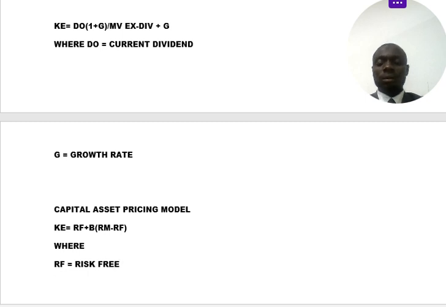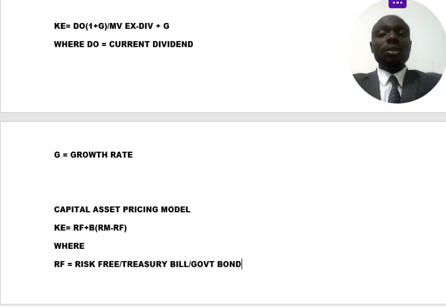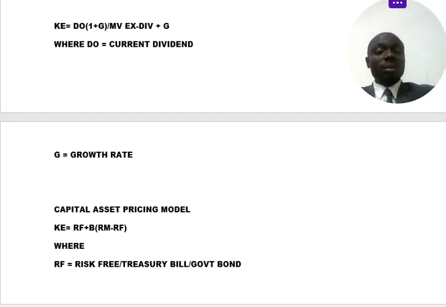Another name for risk-free: you may not be given risk-free in the question. You may be given treasury bill or government bond. So in every question, you may be given risk-free or treasury bill or government bond. So RF is either of the three.